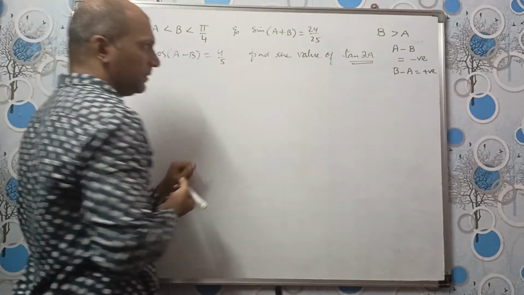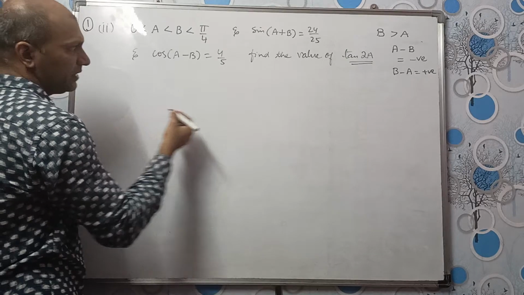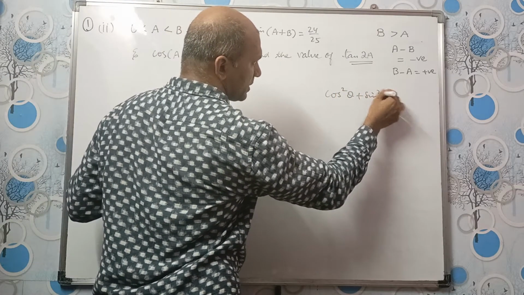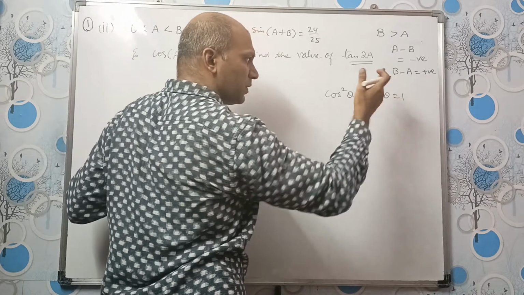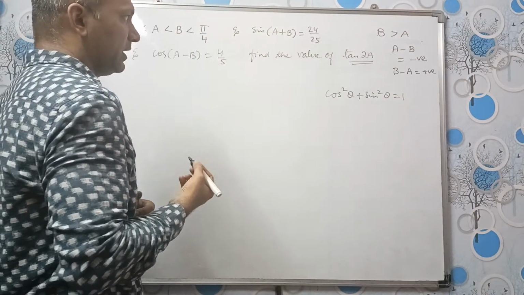Now, see, we have an identity: cos square theta plus sin square theta is equal to 1, or sin square theta plus cos square theta is equal to 1. A very famous identity.